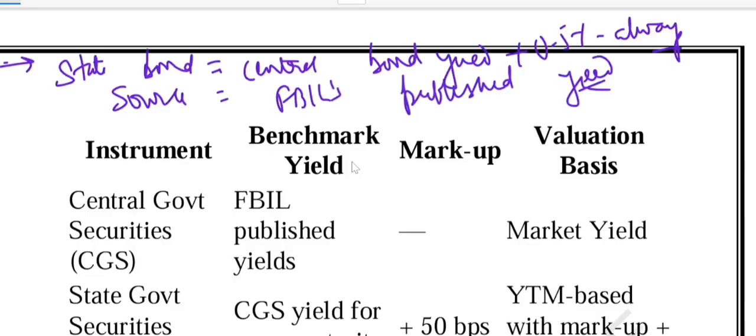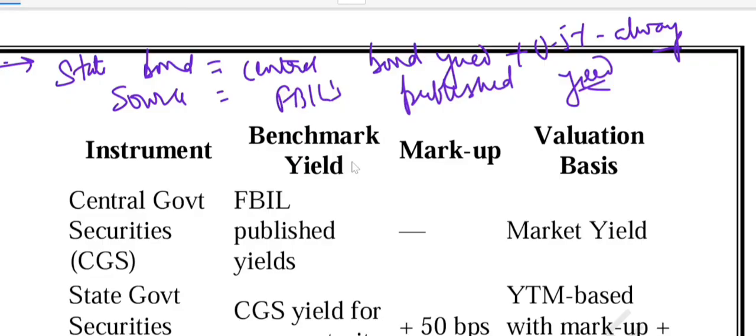Then one exception I told you: a recent market trade overrides the 0.5% rule.